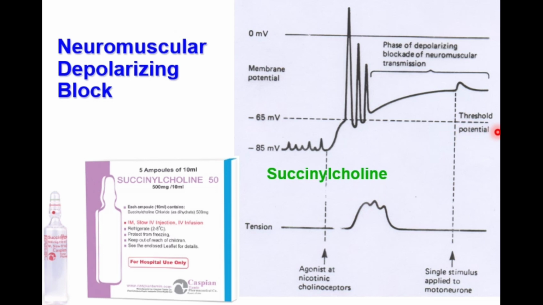Then a phase of flaccid paralysis develops due to depolarizing blockade. That's why succinylcholine is known as depolarizing muscle relaxant.